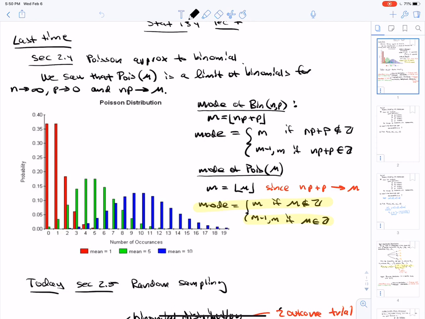And so here's a picture of the Poisson for different mu's. When mu is 1, you can see that you have two modes, as you do when you have mean 5 or 10, and that all follows from above.